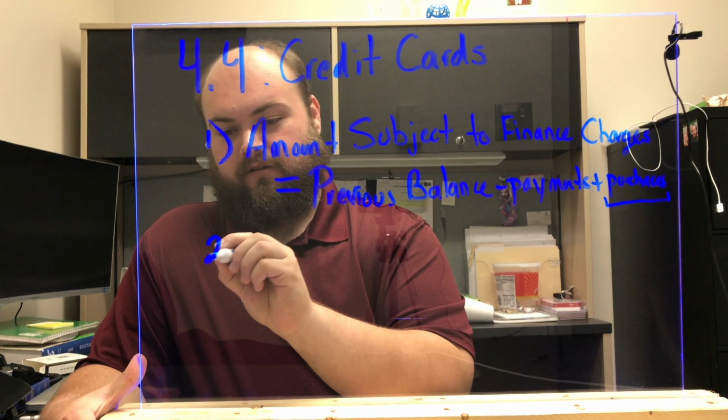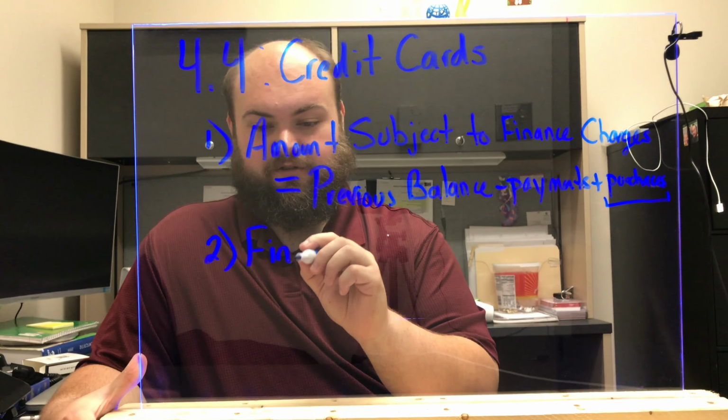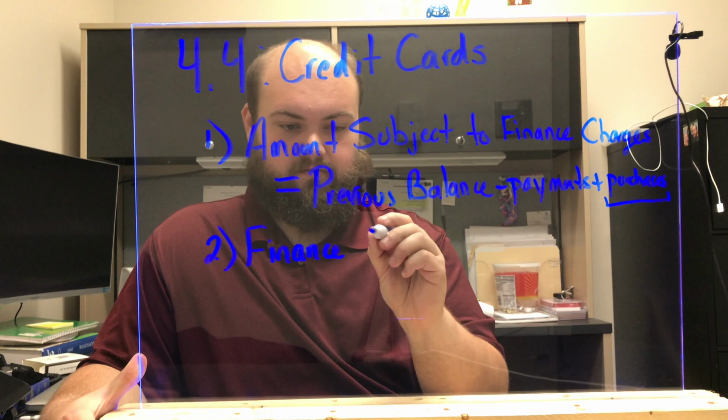The second definition is, what is a finance charge? One way to think about this is that it's the interest that is owed on the credit card to the financial institution.